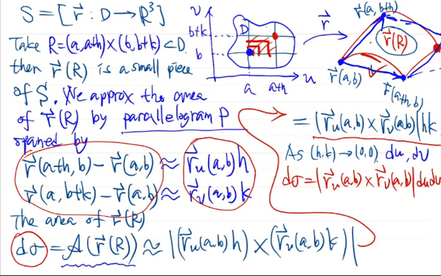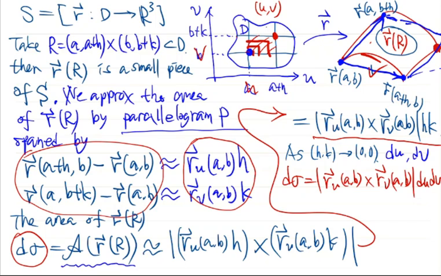You can expect that when the point (a, b) goes around the surface, we replace (a, b) by (u, v). Then when the point (u, v) runs across the region D and we take the integral, it is very natural to define the area of the surface to be that integral.